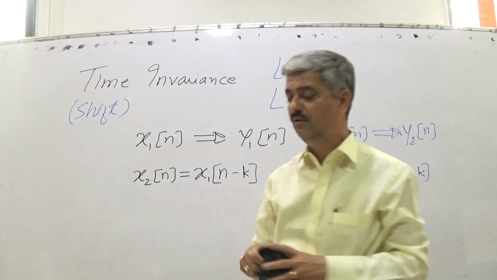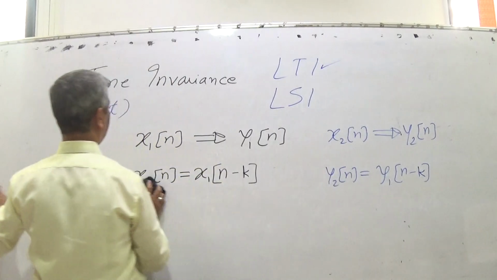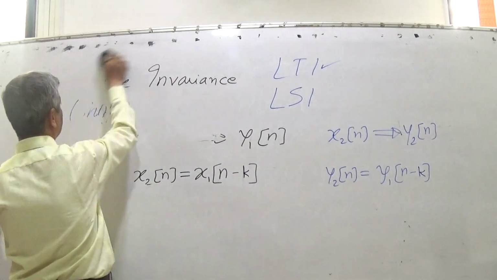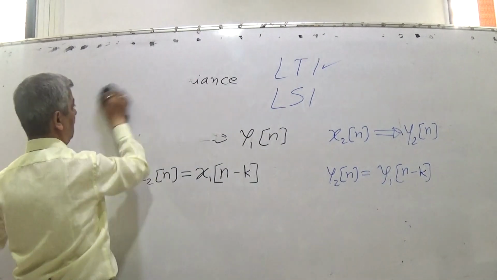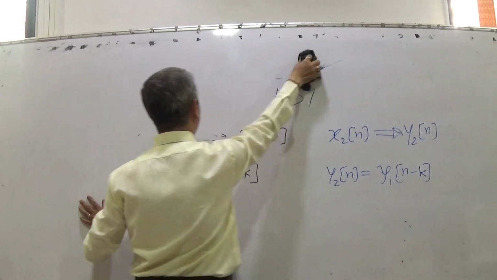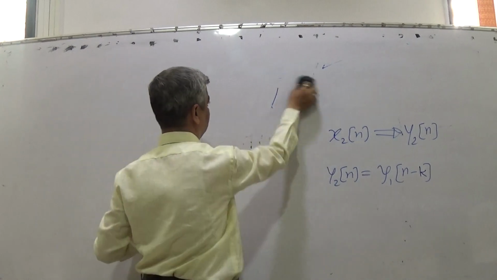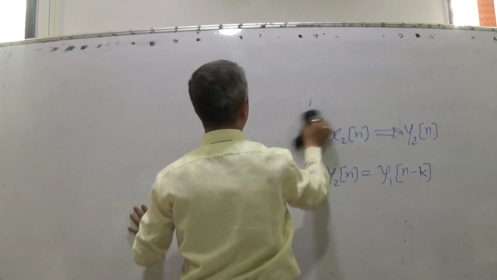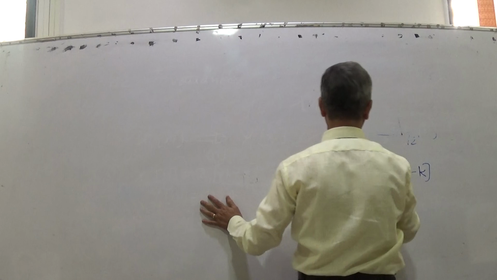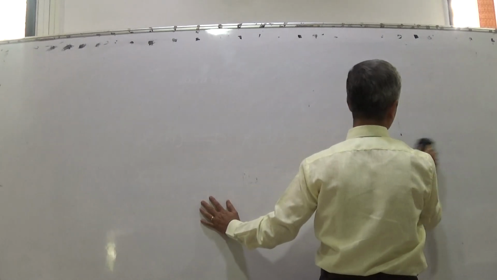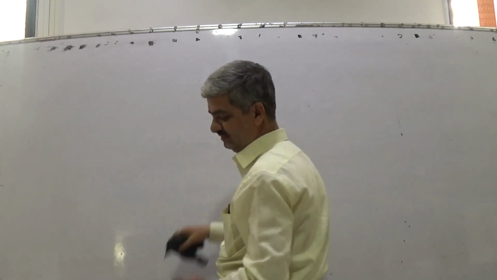Now what we can do is take one example of a system which is not time invariant, or which is a time variant system. I will generate a very simple system.